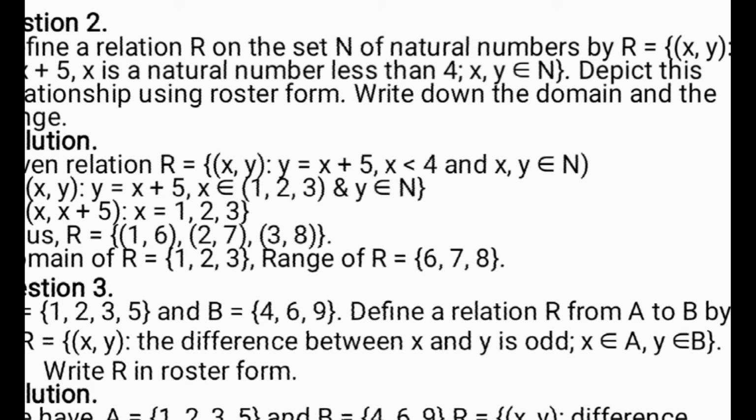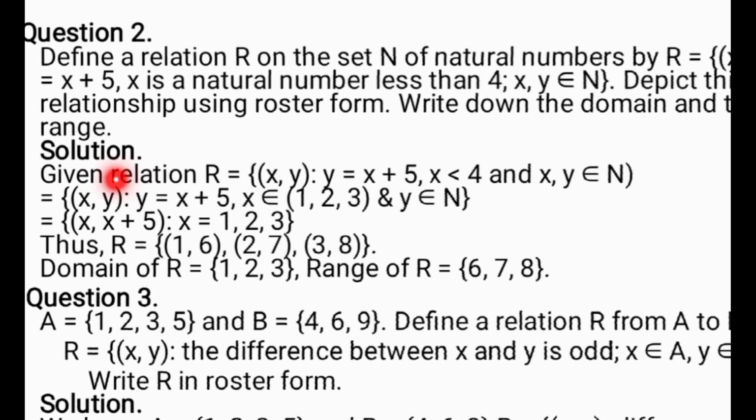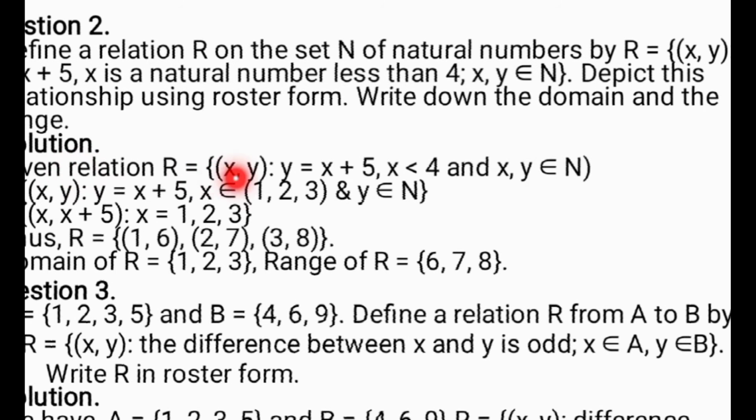Let us note the condition. Given relation R equal to (x, y), where y equal to x plus 5 and x is strictly less than 4. So that is the condition. Now y equal to x plus 5, x belongs to 1, 2, 3 because x is strictly less than 4, starting from natural numbers 1, 2, 3.